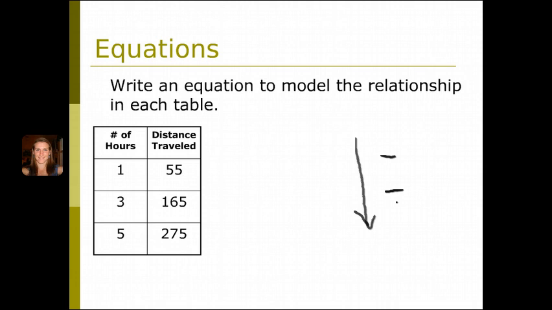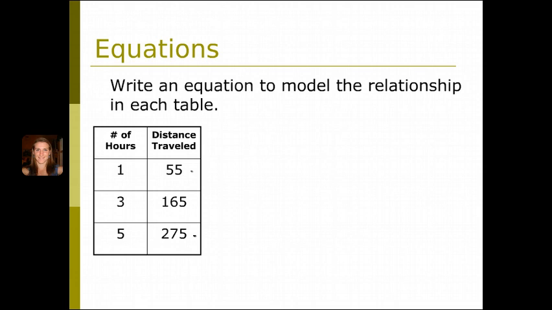So let's look at the example we have given. We're comparing our number of hours to the distance we travel. Well, if you look here, our number of hours are increasing. 1, 3, 5. It's getting bigger. Our distance is also getting bigger. 55, 165, and 275.